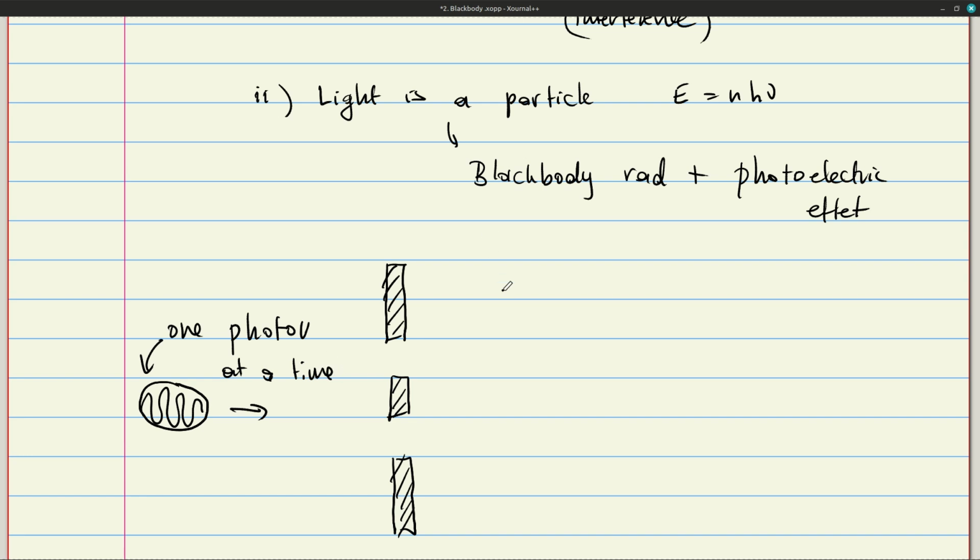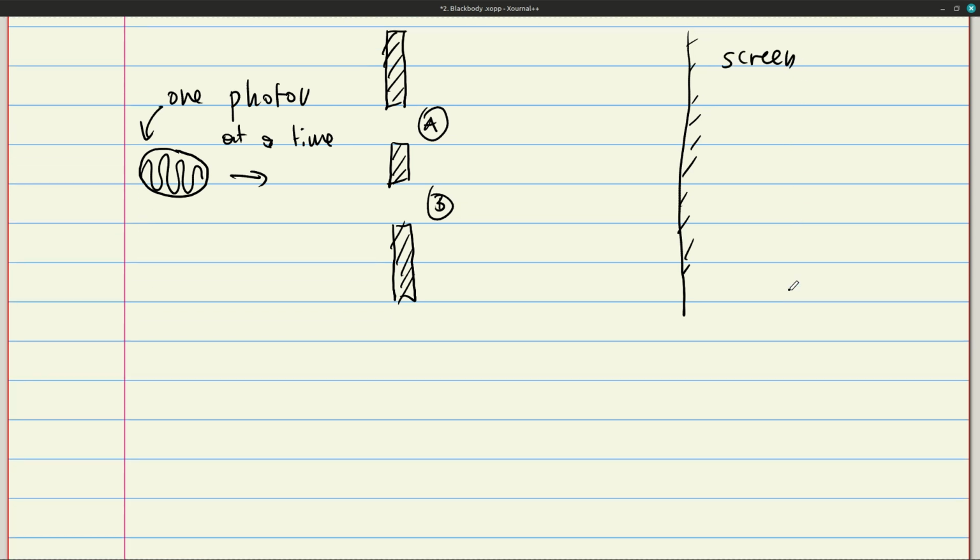Now there are two questions, which I want you to think about. Let me call this slit A and slit B. I'm not going to tell you the answer. And if you want a screen, here is a screen. So question number one: do we still get interference if we send one photon at a time?